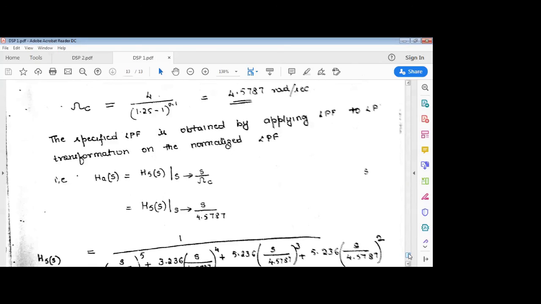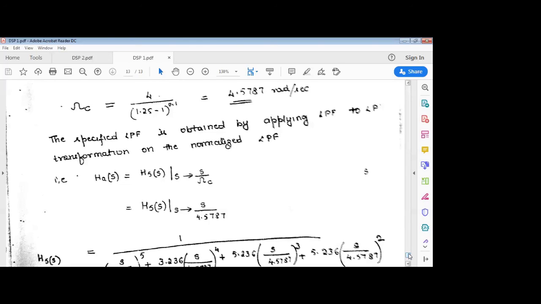Once we have calculated omega c, then I have to do the frequency transformation, from the normalized prototype, which is what we call a low pass to low pass transformation on the normalized low pass filter.